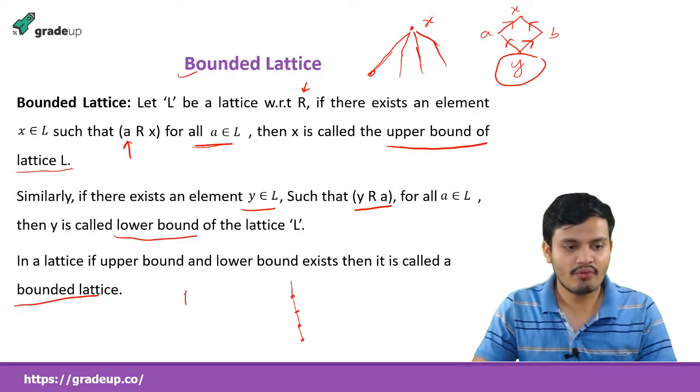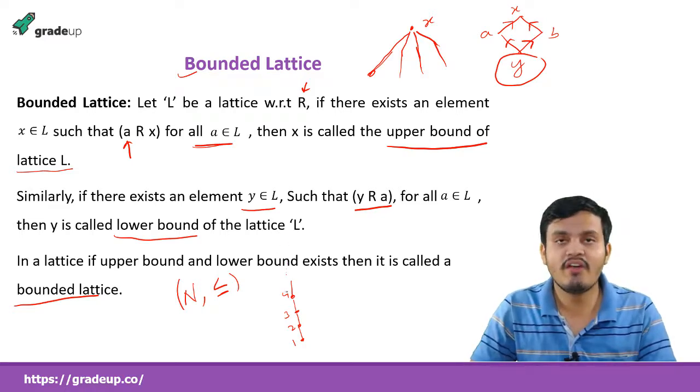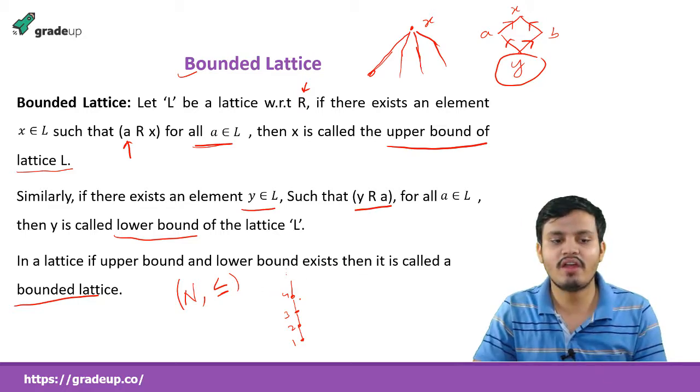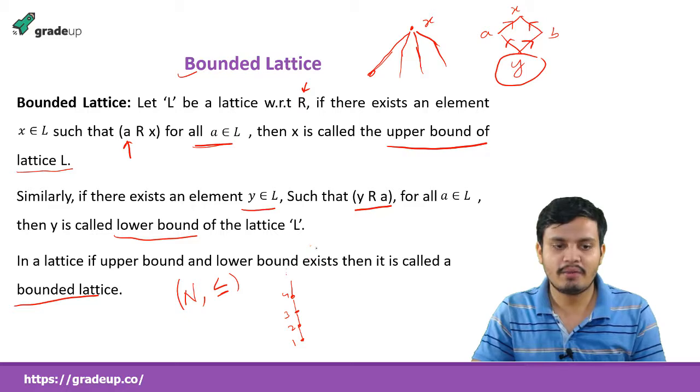So it is the set of natural numbers, and our relation is less than or equal to. So it is 1, 2, 3, 4, and so on. Here we don't have any upper bound because there are so many numbers.